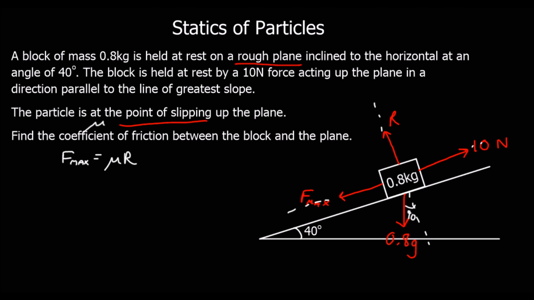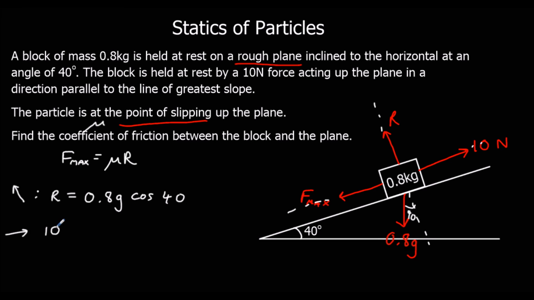Because it's at rest, we know the forces balance. If we're looking at perpendicular to the plane first, we can say R equals a component of 0.8 g, which is 0.8 g cos 40. They are the only 2 forces in that direction, so that's R. And then if we look at the forces parallel to the plane, the forces up the plane must equal the forces down the plane.